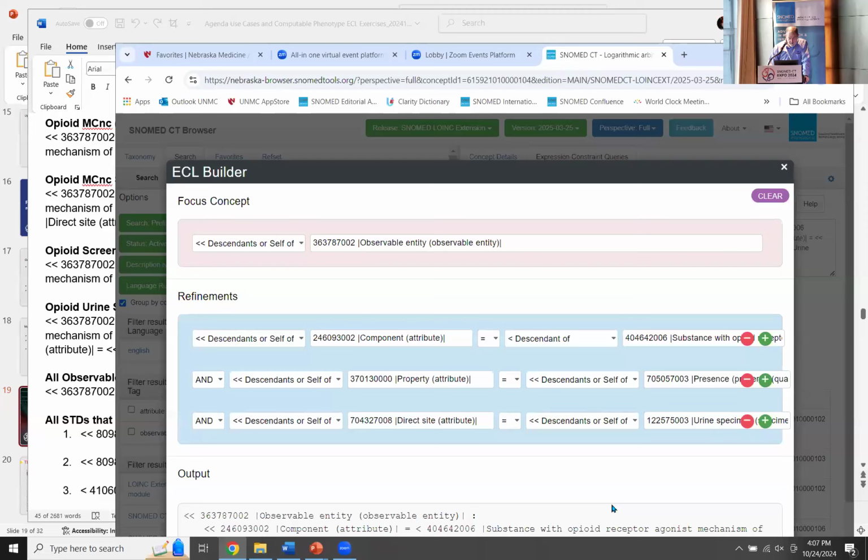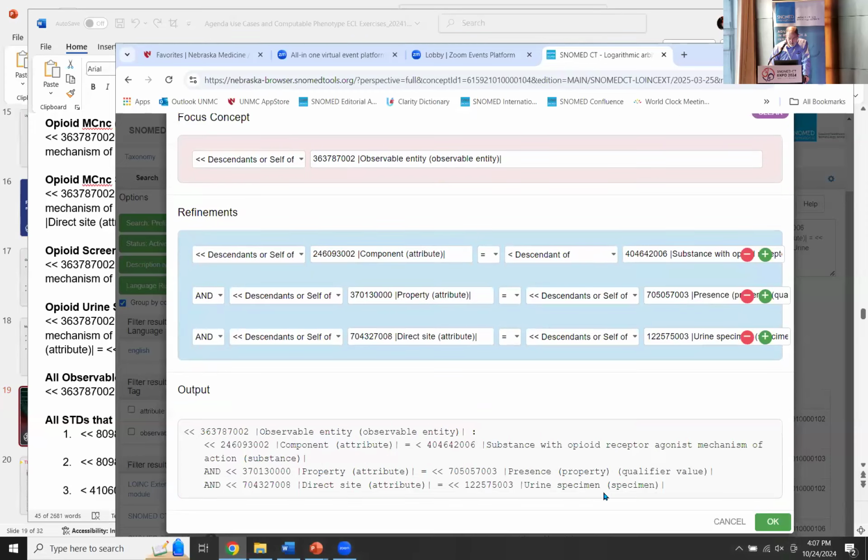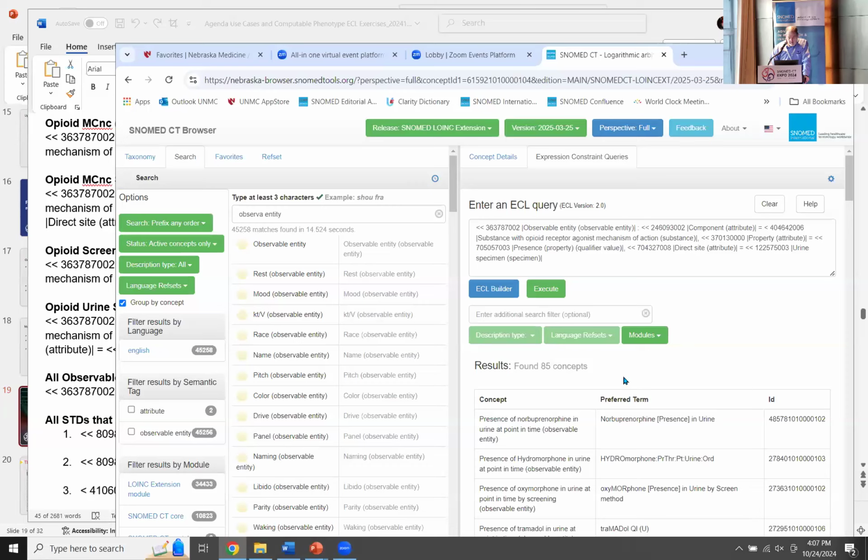Let's go back and see here. So again, we can execute this and now we get 85 concepts. We're focusing on the syntax, but the wonderful thing that happened there is that SNOMED knows a whole bunch of things that have opioid receptors.